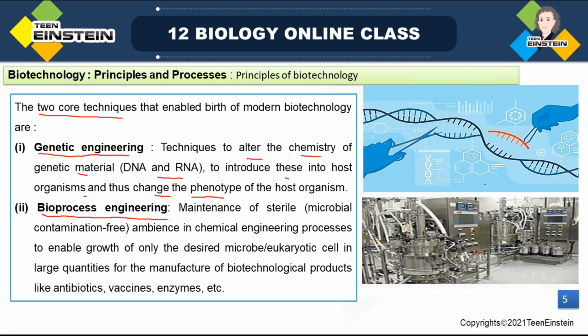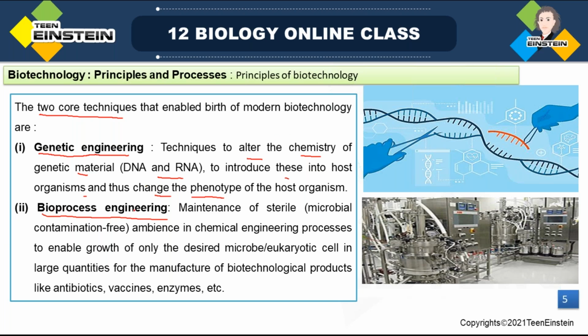Some changes are made in the DNA genetic material, so the next time these genes are expressed, the expression will be different. Whichever character we are expecting, according to that we can make changes and introduce them into that organism so that it gets expressed in that way.